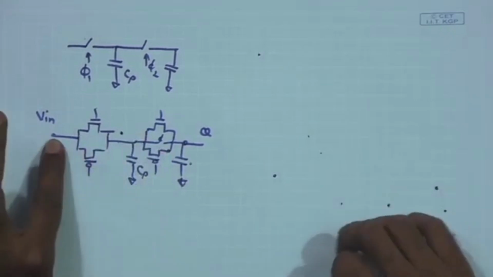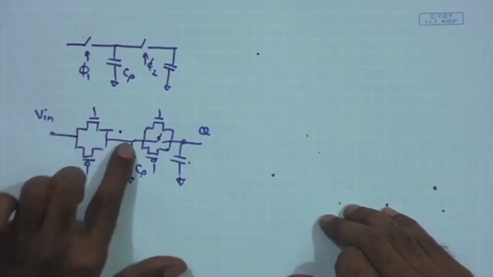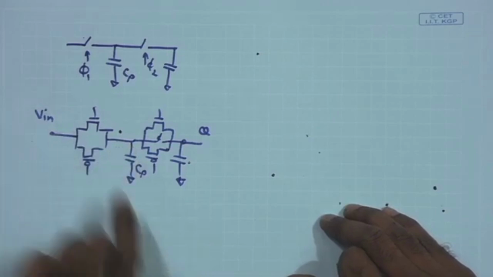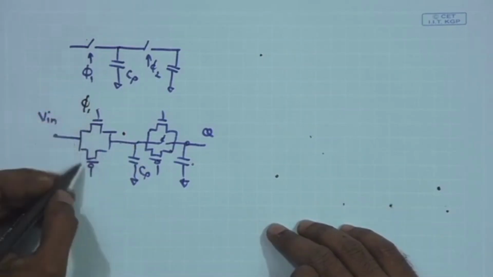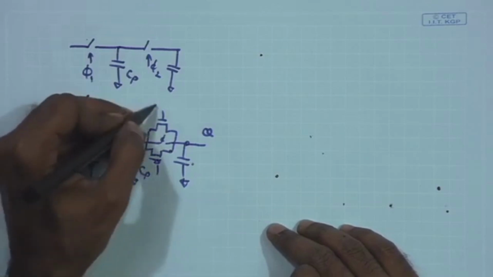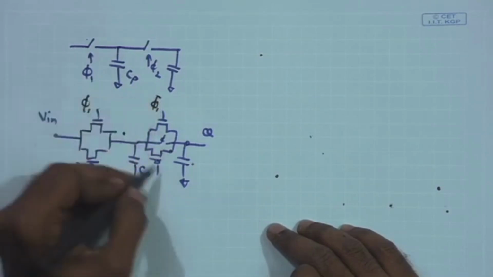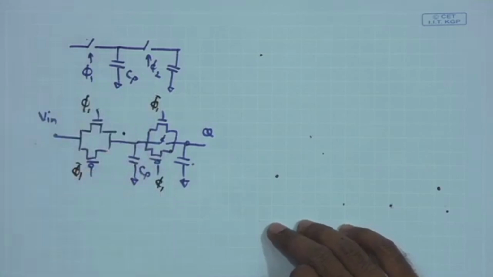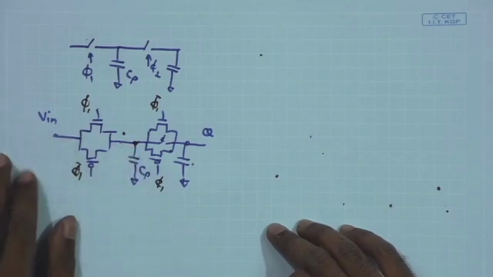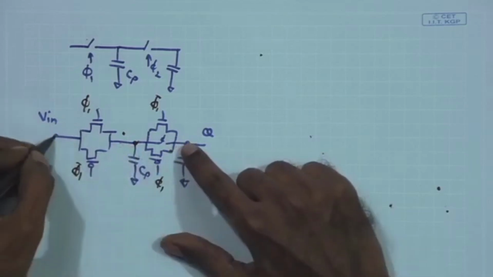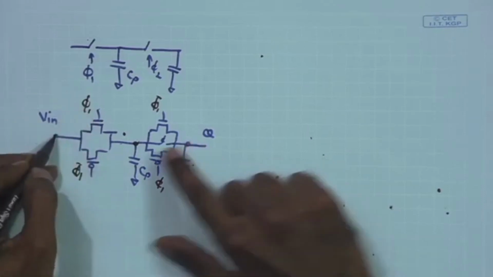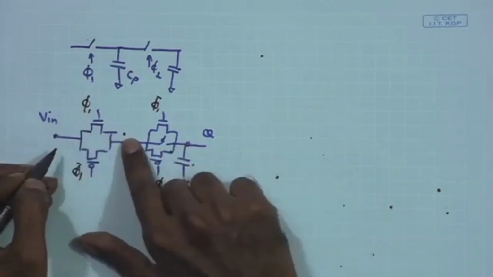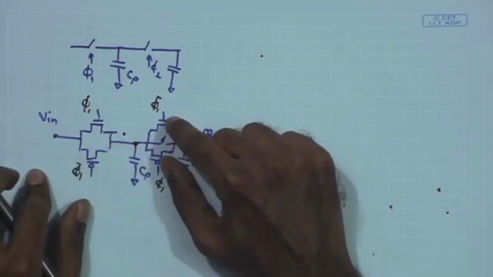You have the input clock sampling the data at CP. During the positive phase of the clock, you can have phi 1 over here, phi 1 bar over here, and then phi 1 bar over here and phi 1 over here. During the high level of phi 1, you can have TG1 which is transparent and TG2 which is off.